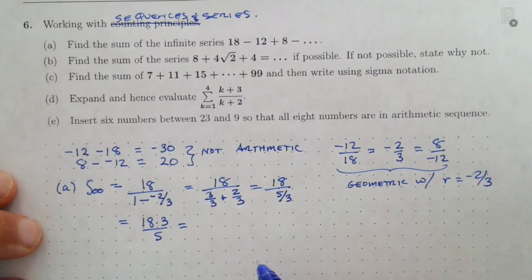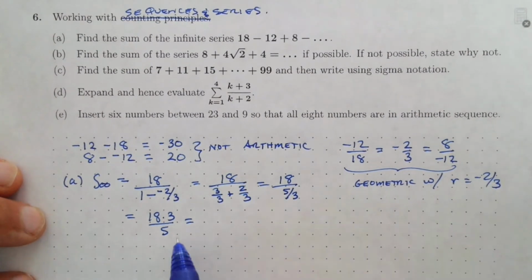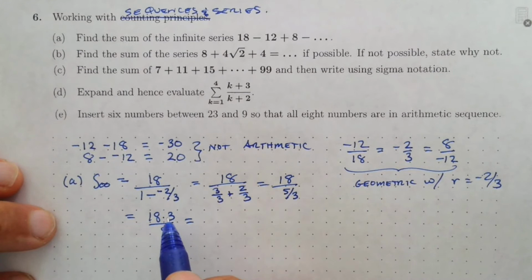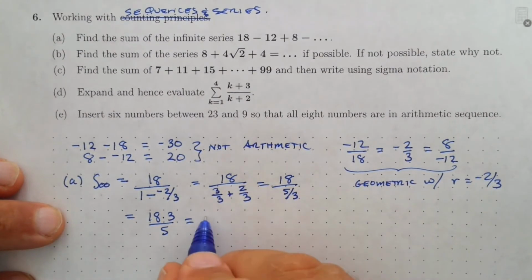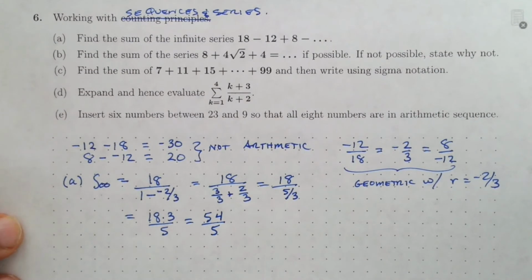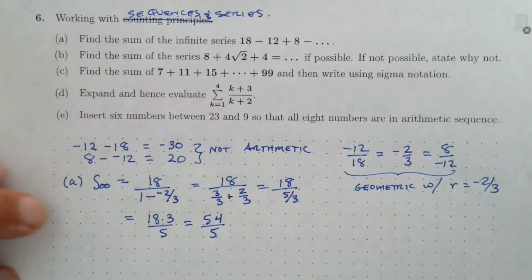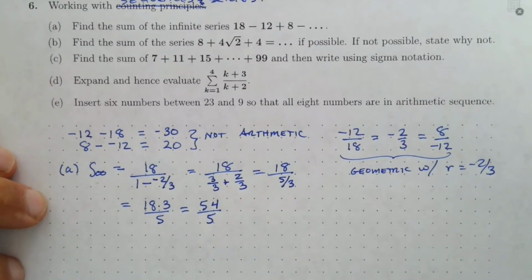And if I do 18 times 3, that's going to give me what, 54. So that would give me 54 divided by 5. So that's going to be my infinite sum of 18 minus 12 plus 8 going on. Okay. Then we look at B.